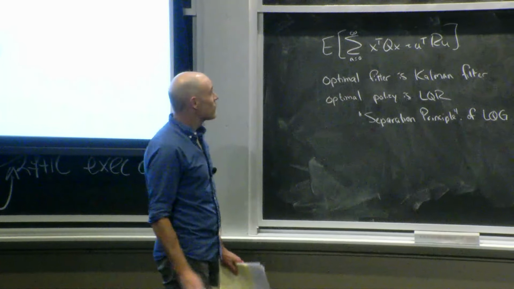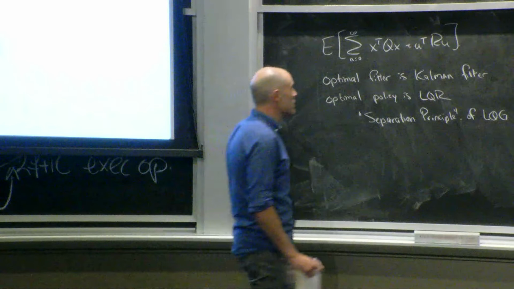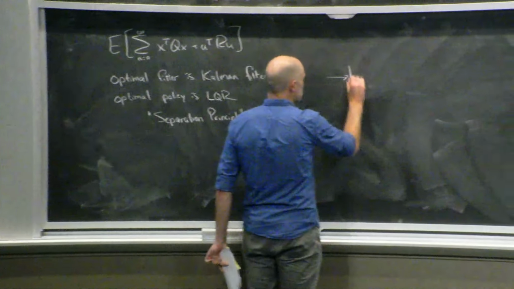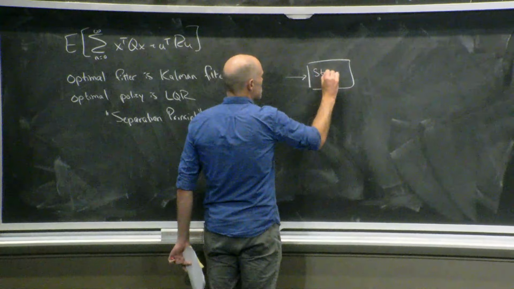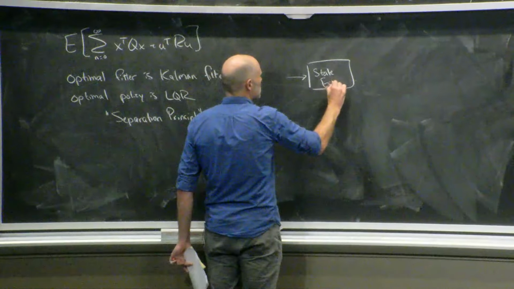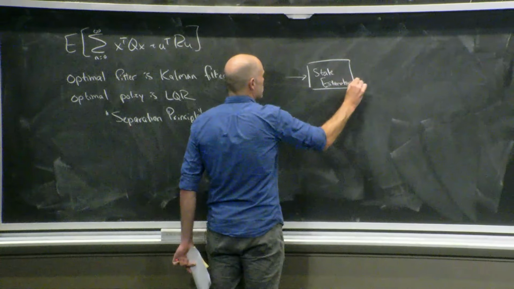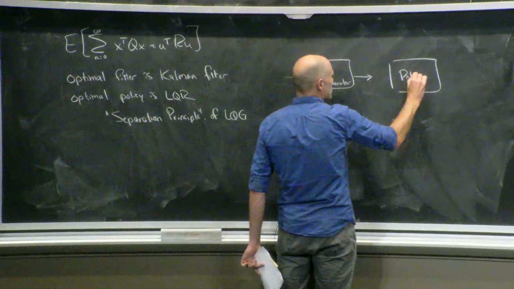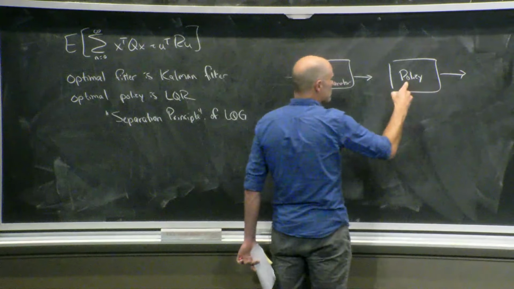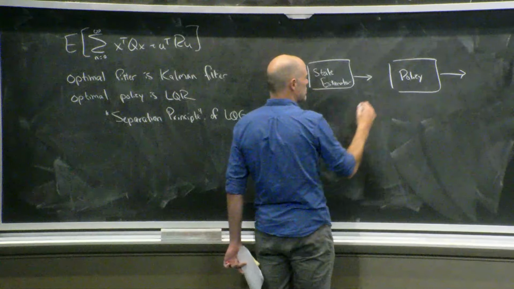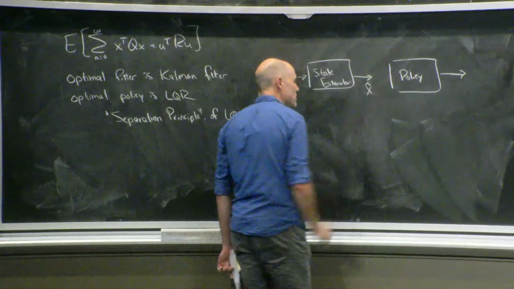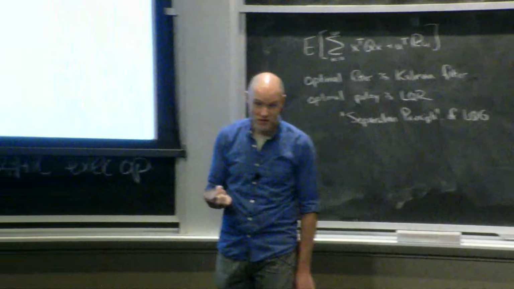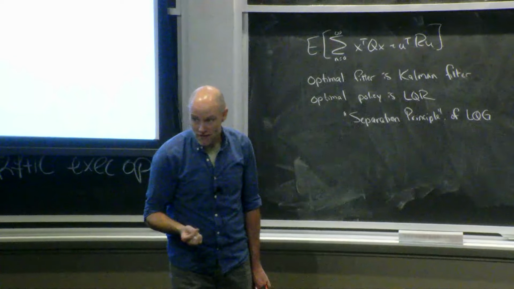Now, one thing that happens all the time, even for nonlinear systems, is people say, I'm going to build a state estimator. I'm going to write my full state policy, designed ignoring state estimation errors, and I'm only going to put the mean of the state distribution into my policy. Why?